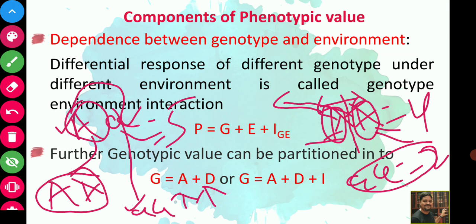That means every time there will be a new combination of alleles. So the dominance deviation we cannot predict. It will solely depend on chance, which allele is meeting with which other allele. That is why additive genetic value is getting transmitted to the next generation, whereas dominance deviation is not.